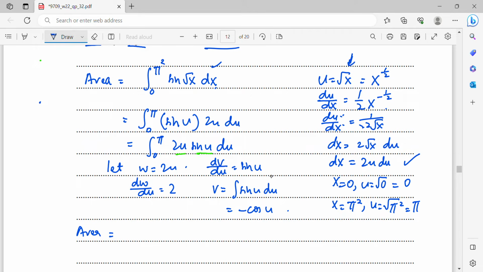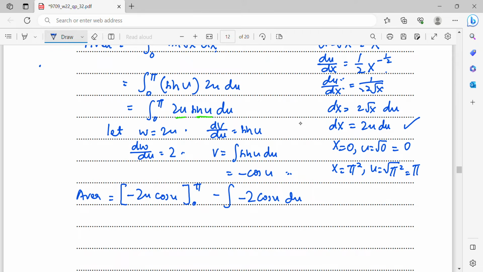The original formula was uv, so now it becomes wv. So I will write negative 2u cos u with limits 0 to pi, minus integrate v dw over du, so it becomes negative 2 cos u du.